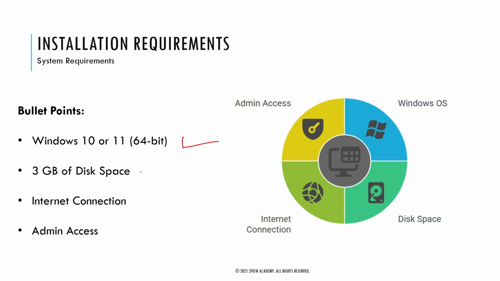Then you need a minimum of 3 GB of disk space where you're going to install Anaconda, and a good internet connection, because the Anaconda file is more than 600 MB, around 700 to 900 MB, and the time it takes to download depends on your download speed.